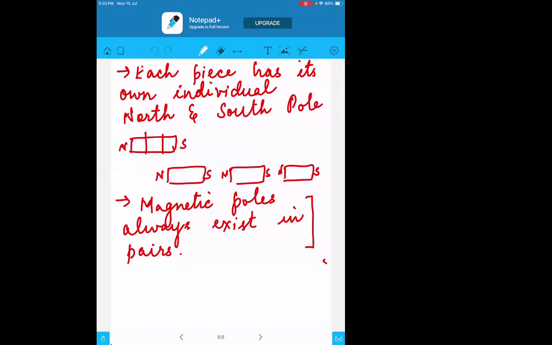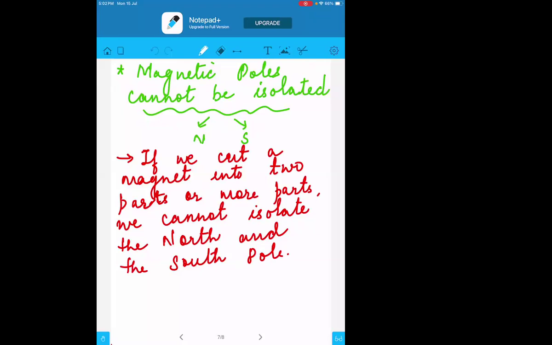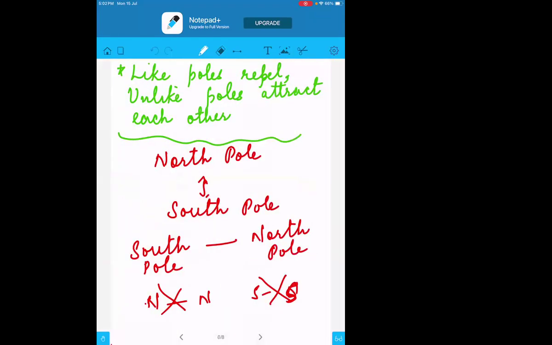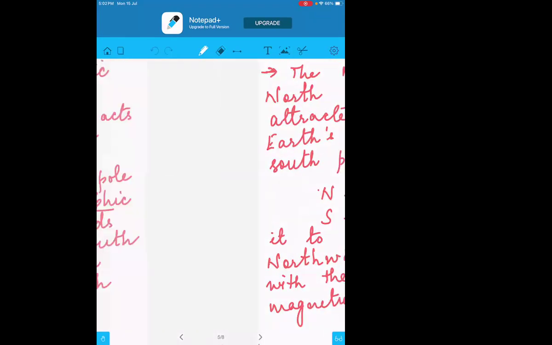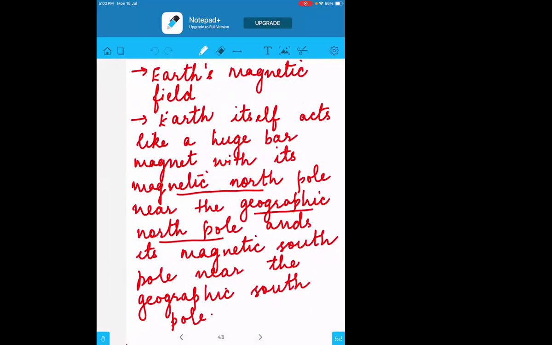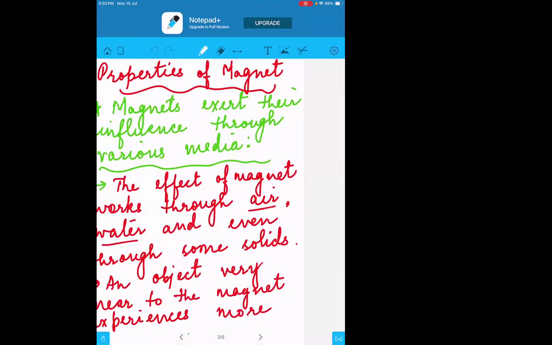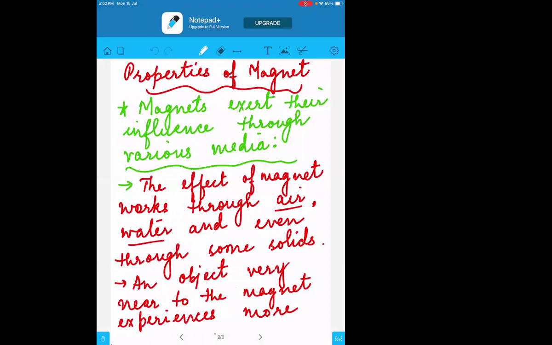Okay. So these are the four properties of the magnet. The first property says that the magnetic force can come into any medium. It can be there in any medium: the air, the solid, or the liquid also. Whenever we keep magnets close, they will have more magnetic force, and when we keep them apart, either the magnetic force will not be there, or it will be very less.